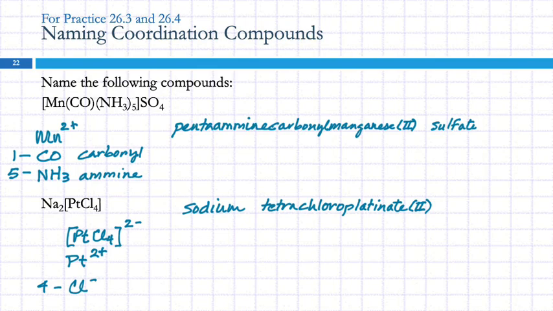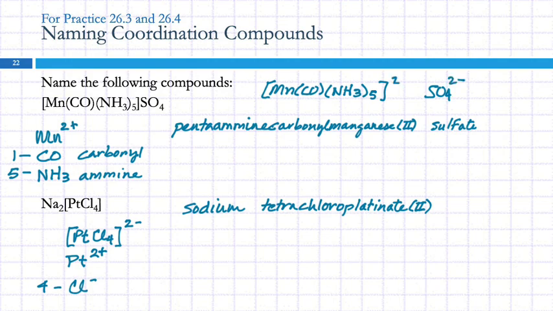Do you get the charge for the complex ion by just counteracting whatever's attached to it, right? Yeah, so you're going to find the charge on the complex ion by looking at the counter ions. And I kind of cheated on this first one because there's just so many letters there. But this is the Mn(CO)(NH3)5, and it's paired with 1 sulfate ion.